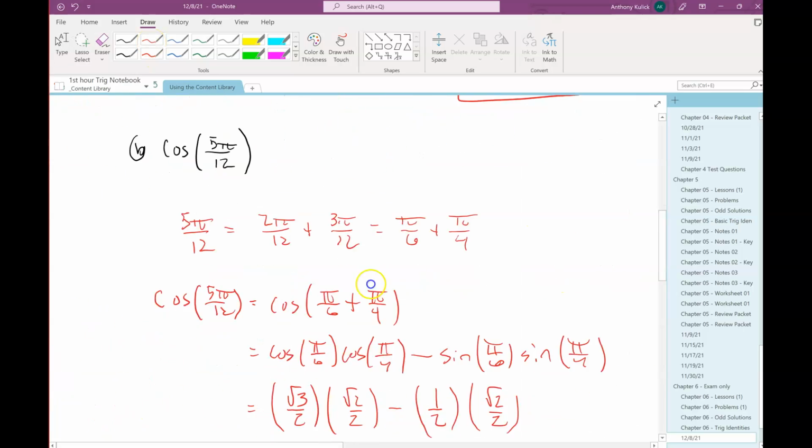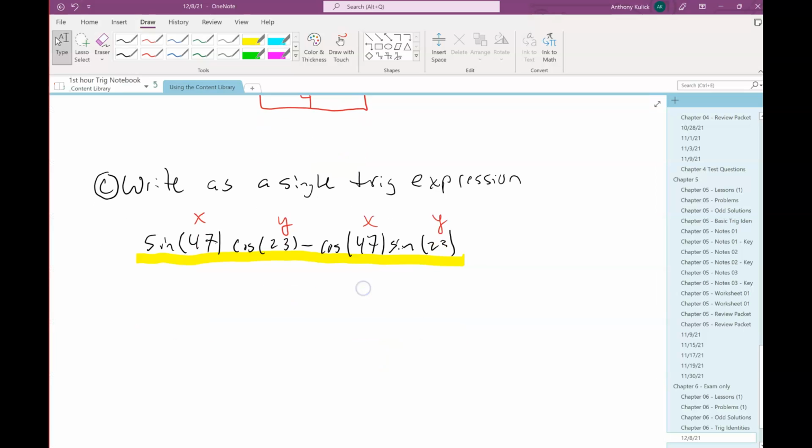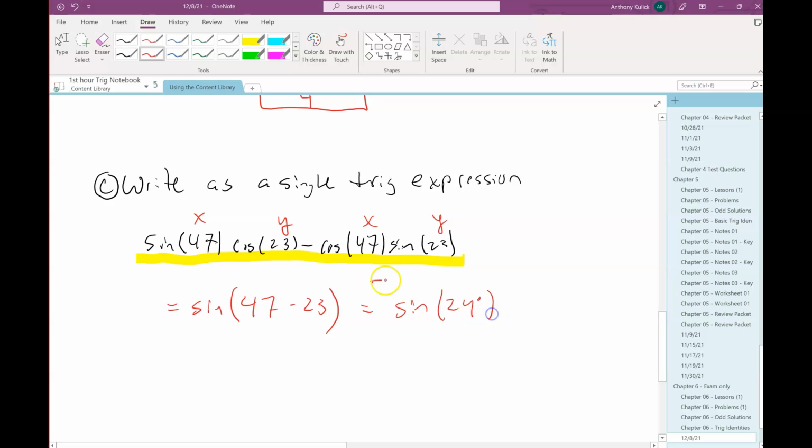So what this really is saying is this is sine of 47 minus 23, or sine 24. And we're done. Going backwards is easy. Does that feel okay there? We're just using the formula.